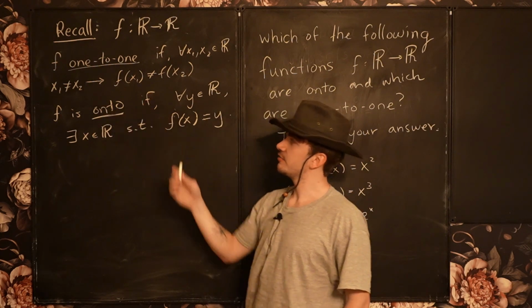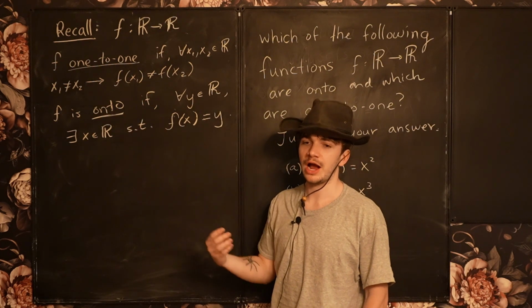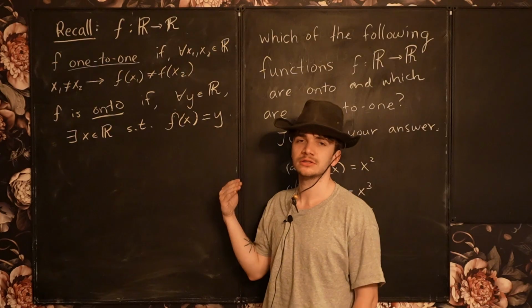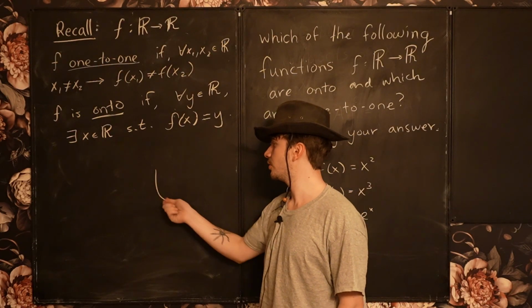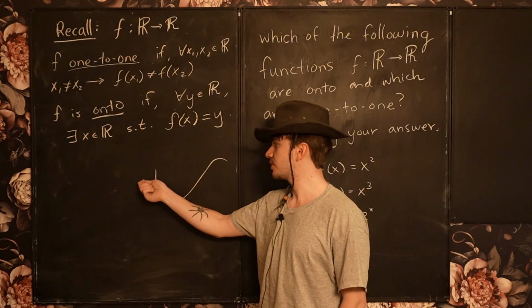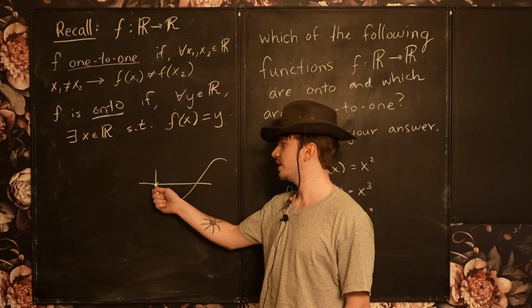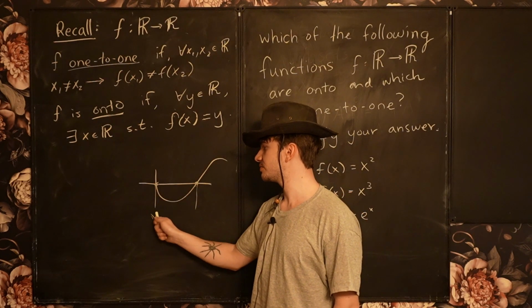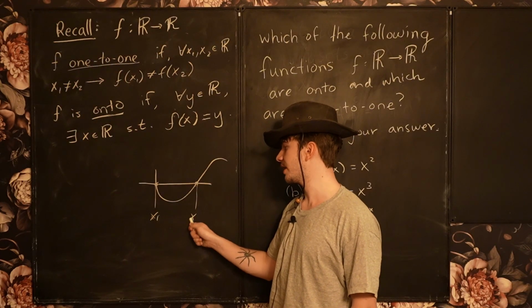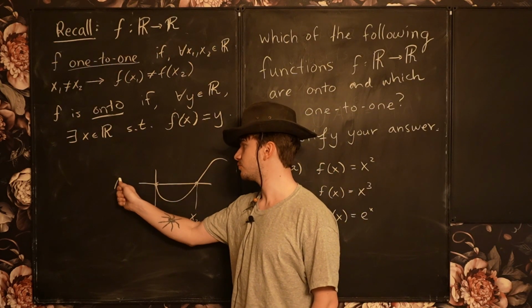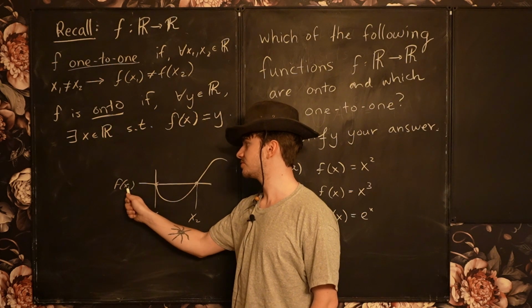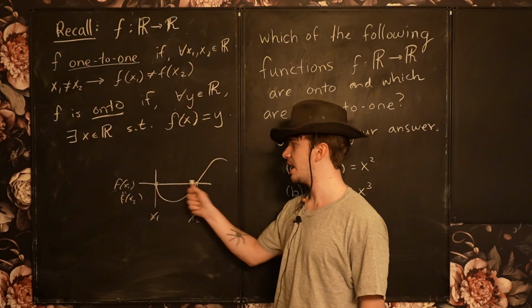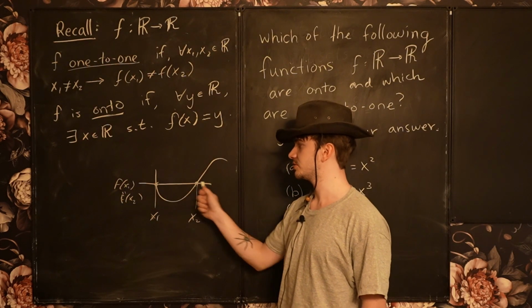Another way of visually seeing this on a graph is if you were to graph the function, then you would want the graph to pass what's called the horizontal line test. If a horizontal line intersects the function at two different points, x1 and x2, then f of x1 is equal to f of x2, because both outputs are just the height of this line.